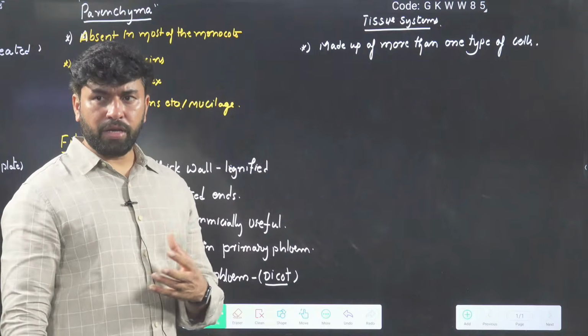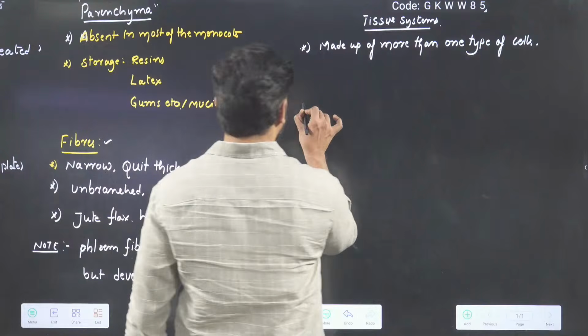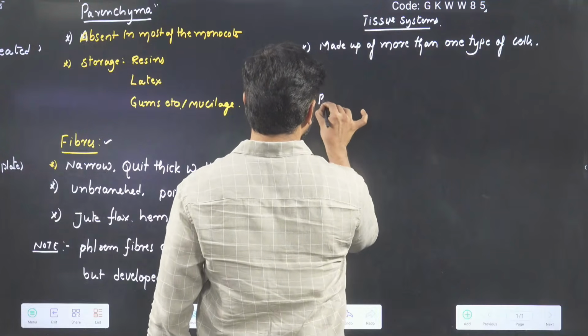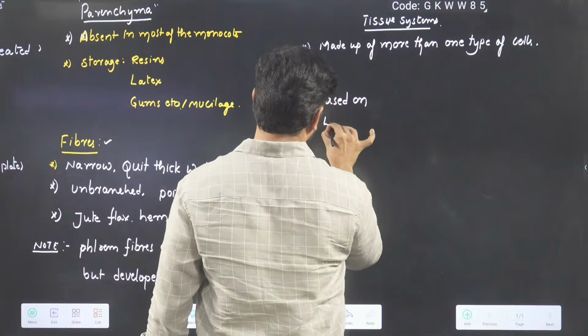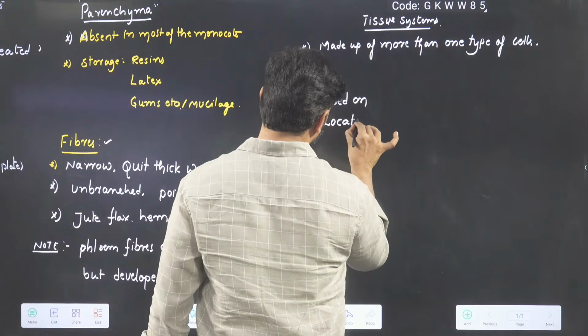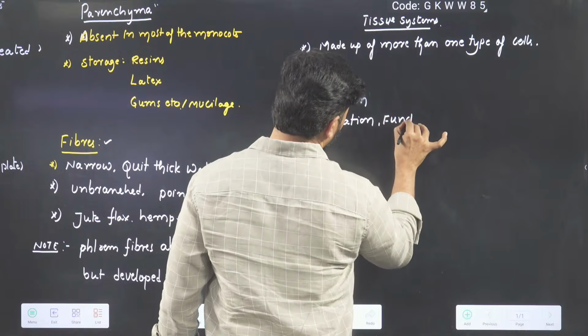Now, in the plant body, what are the tissue systems? If you want to classify them, you need criteria based on the location where they are present, and also based on functions, what they do.